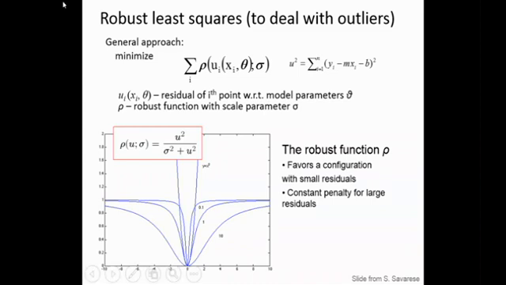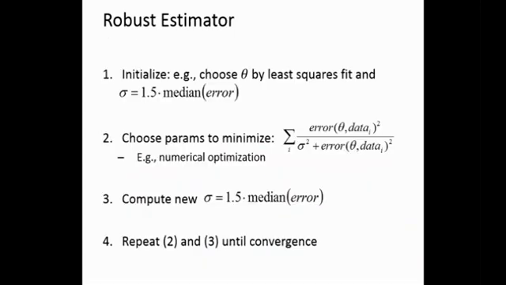The loss function used here is, u is your error of a point fitting your model, and it's the error squared over some sigma squared plus the error squared. Depending on your sigma, you have different sensitivity to the distance of points to your model.